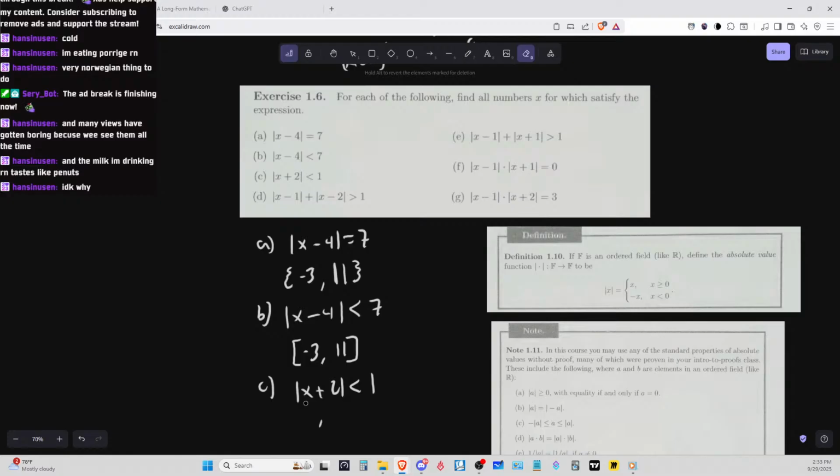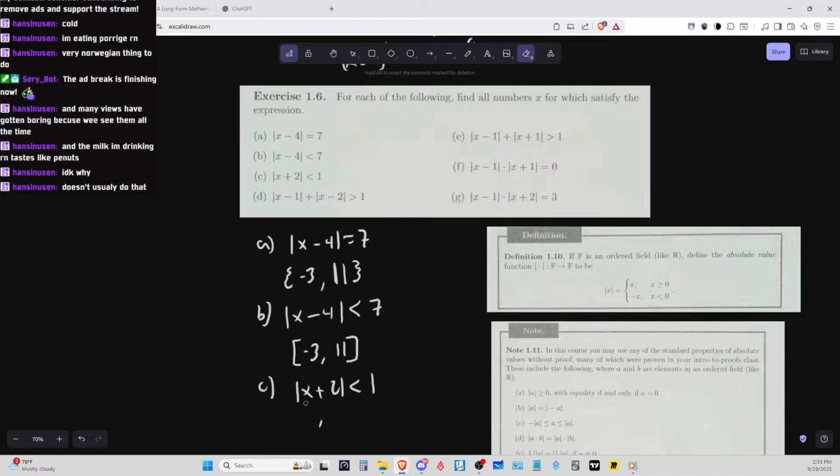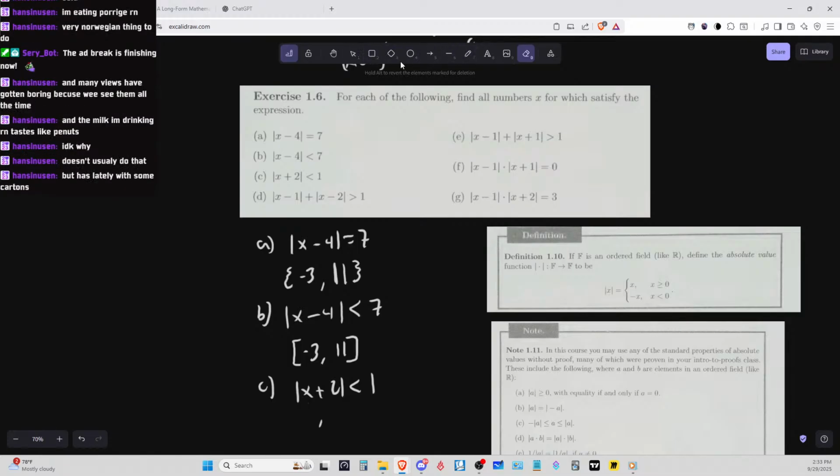So practically we can only have -1 in here, because if we have anything lower than -1, then it's basically going to increase, and then that's going to be higher than 1, so the only thing we can have there is -1. So it's like the set of -1.